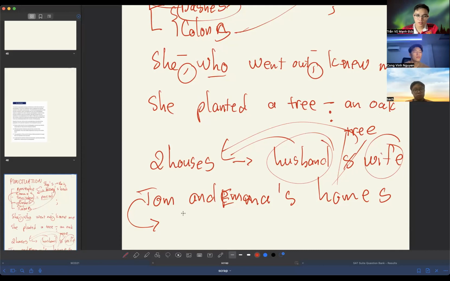Do you know how it would turn out? Yes. Then please do explain. What do you think? If they own two different houses, if they do not share the same house anymore, what do you mean?